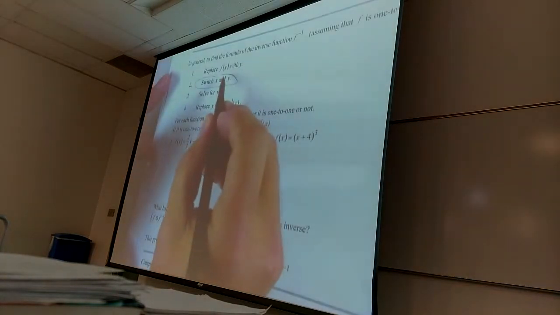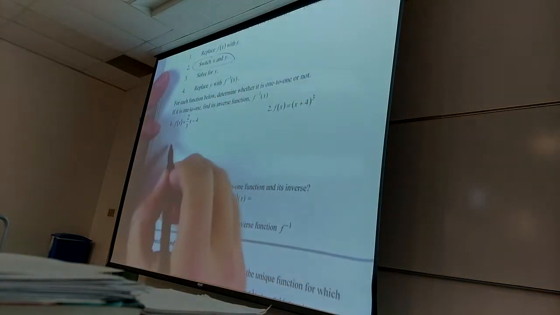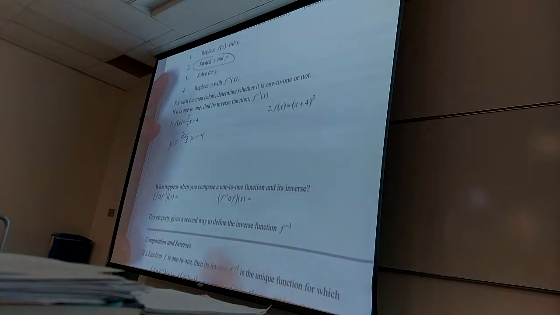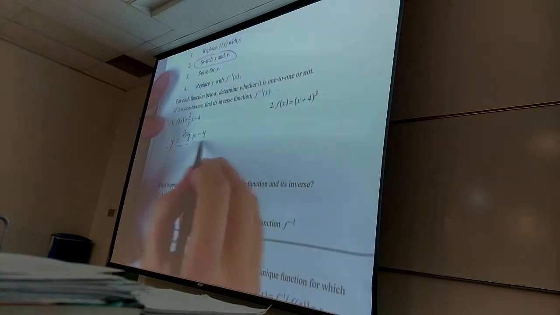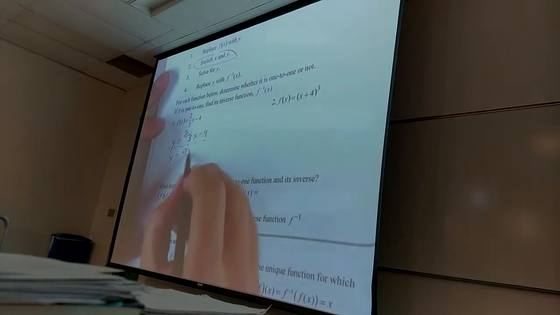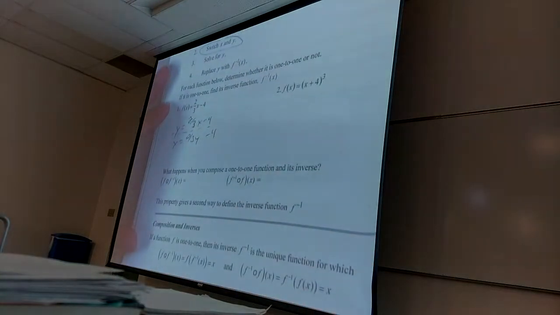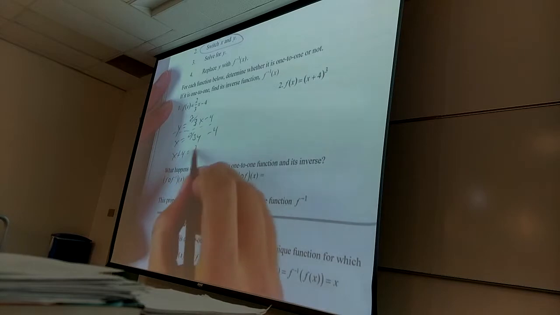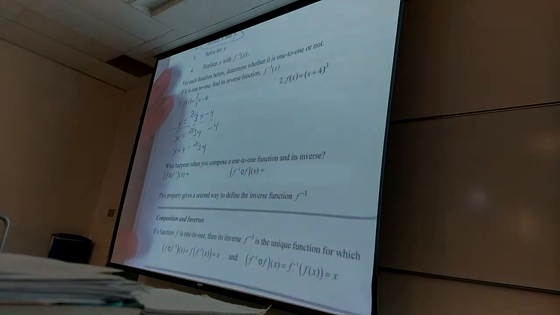So first step, replace f of x with y, because that's what it was to begin with. And then I switch the x and y. And then I solve for y. So you add 4. Who knows how to do that last step real quick?